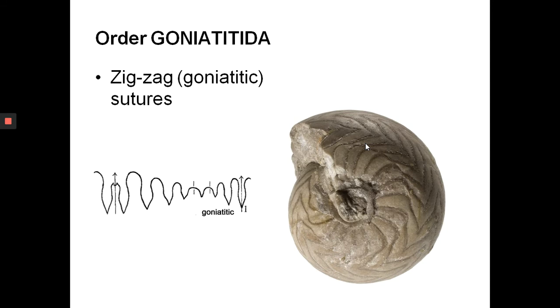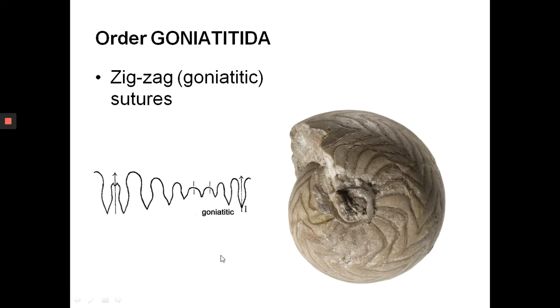If you trace this pattern here, you can flatten it out on a piece of paper as a diagram like this. This arrow shows you the direction of the aperture, and the body chamber will be here. It shows you the zigzag pattern of the suture line for goniatites.